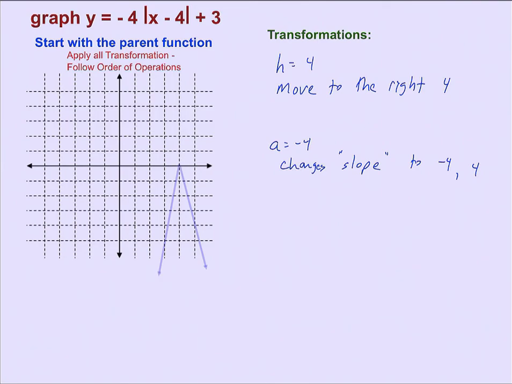And then the last transformation is the plus 3, since the k is equal to 3. That is the vertical shift. So we move up 3. So all of my points get moved up 3. And there's our graph.